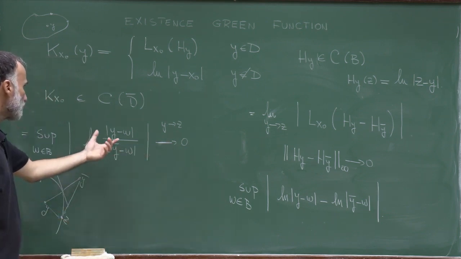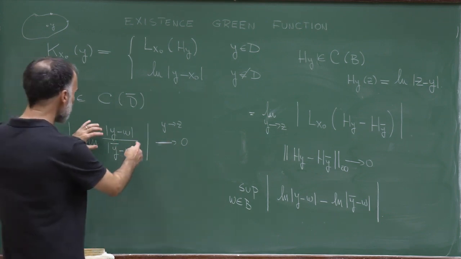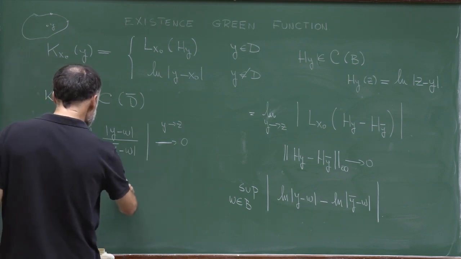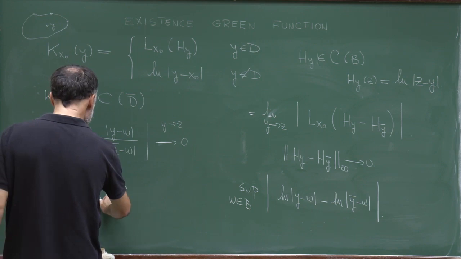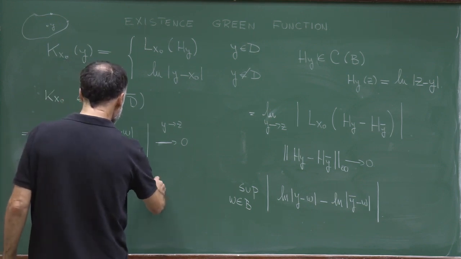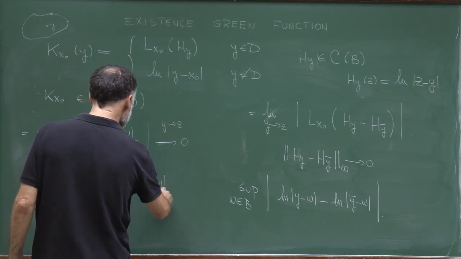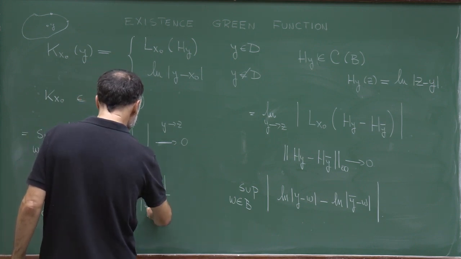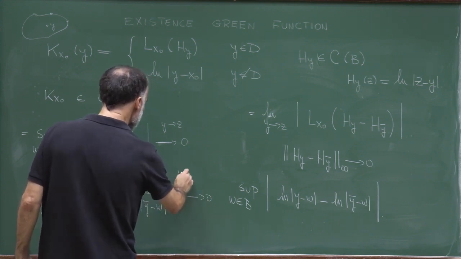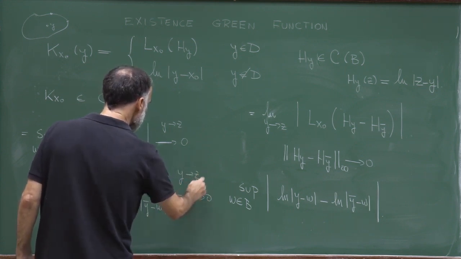But to prove that, what I really need to show is that this ratio converges to 1. So it's enough to prove that the supremum of |y minus w| divided by |y bar minus w| converges to 1 as y converges to z.